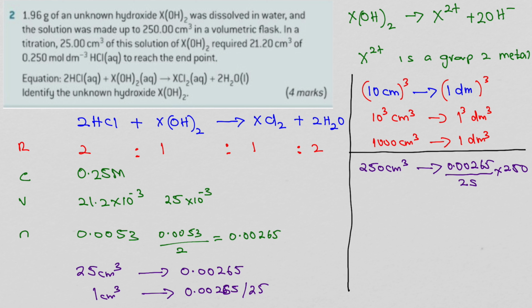Well, as you can see, 25 divided by 25 gives 1 there, so that's 10. And therefore, the 250 centimeter cube will give 0.00265 times 10, and that gives 0.0265 moles.